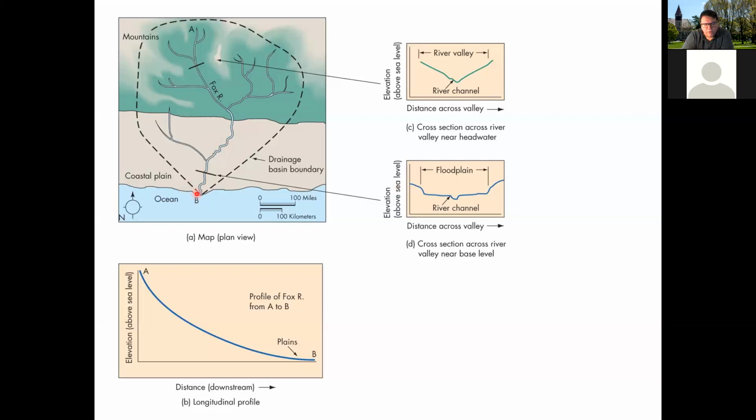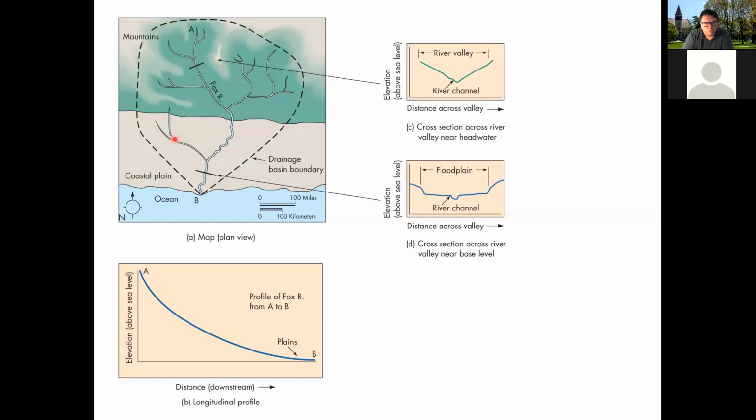So importantly, one thing I want to call your attention to is that this entire area, which includes both alluvial and bedrock rivers, is encompassed by one delta environment. Basically, this drainage basin is the area that takes all the water from a region and brings it out to one discharge zone.